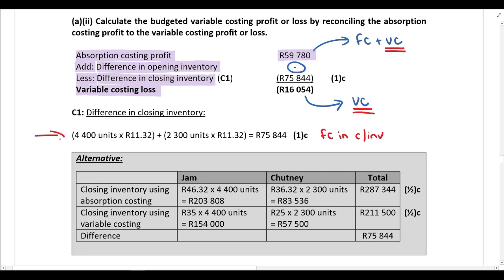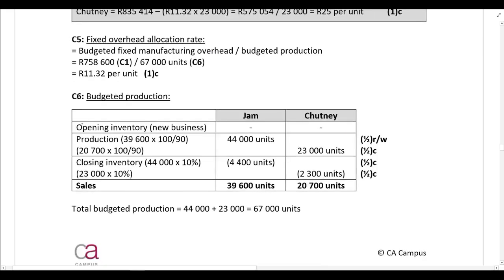And that is the easiest way of performing this calculation, because we already calculated the fixed overhead allocation rate. It's 11 Rand 32 per unit. And we know that because it's company policy to keep 10% of units produced in closing inventory, in the first year, they should have 4,400 units of jam in closing inventory and 2,300 units of chutney in closing inventory.